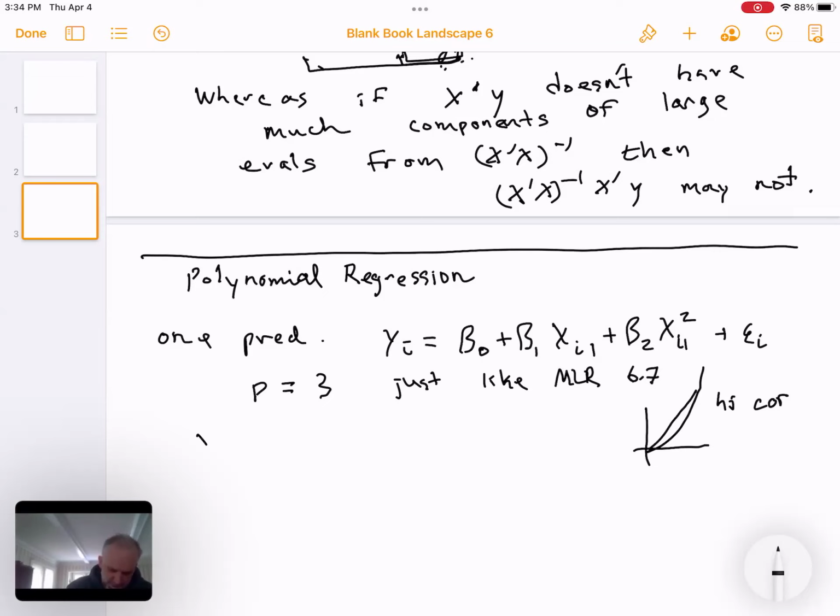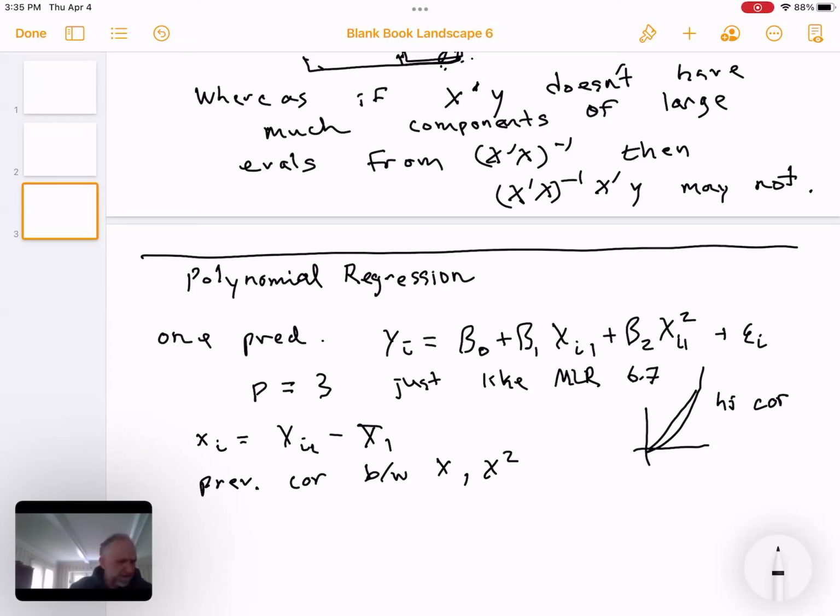So we usually write, the book writes it like this: little xi1 is equal to xi1 minus x bar. And we would usually do this to prevent multicollinearity, to prevent correlation between x and, say, x squared.